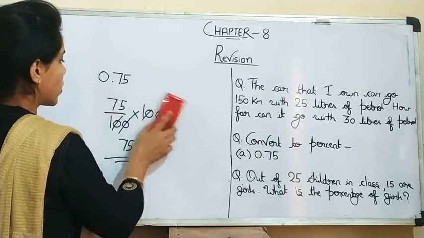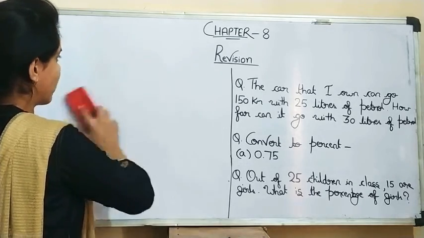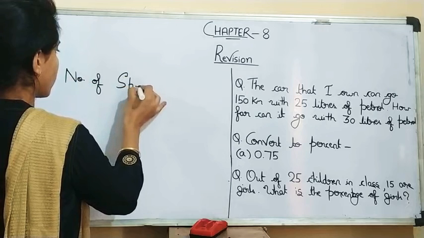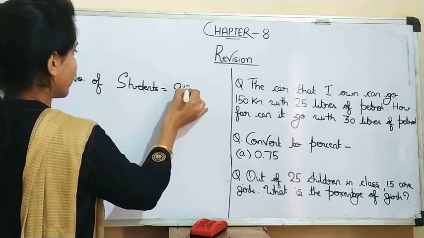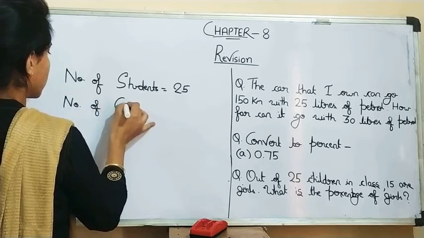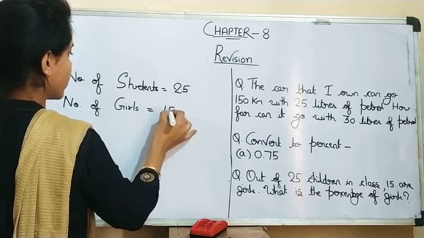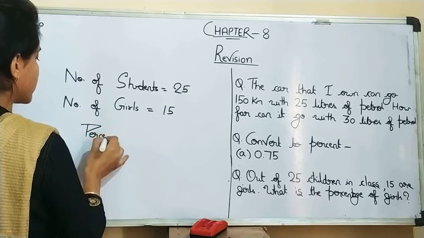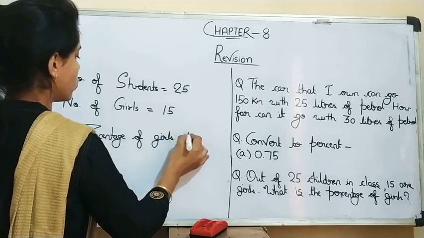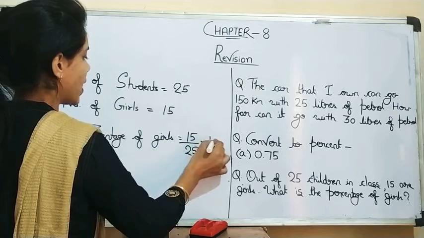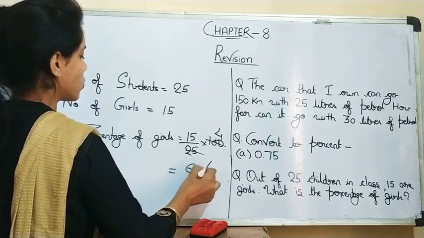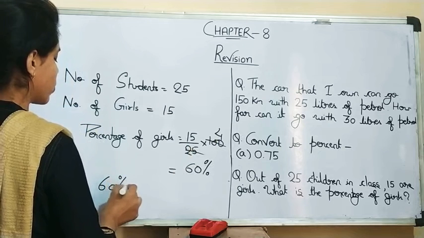The number of students in the class is given as 25, so first we write: number of students equals 25, and number of girls equals 15. So the percentage of girls will be the number of girls by the total number of students multiplied by 100. 15 fours are 60, and 25 fours are 100. So 60% are girls in the class.